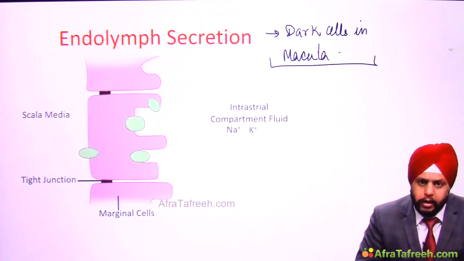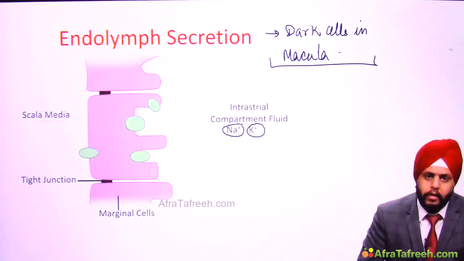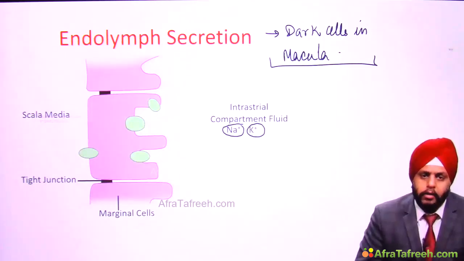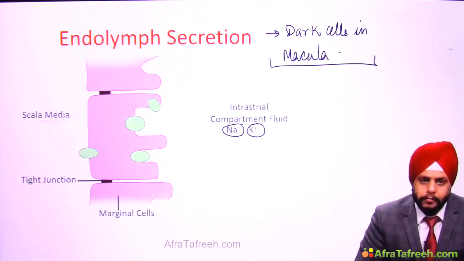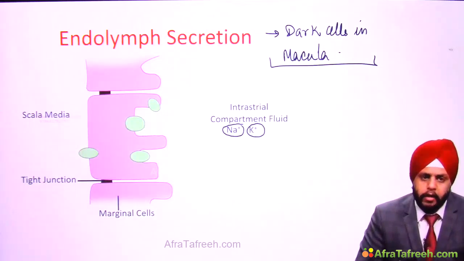Very interesting story. Let's say the sodium over here is the boy and the potassium over here is his girlfriend. So one day the sodium asks his girlfriend potassium, let's go on a date. Where will he take her on a date? He says, let's go to a dance club.